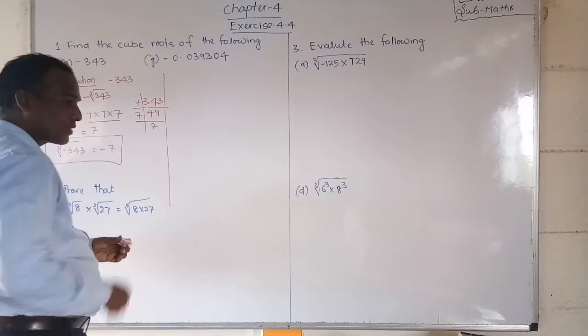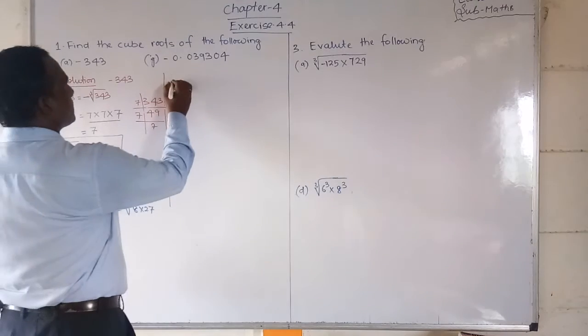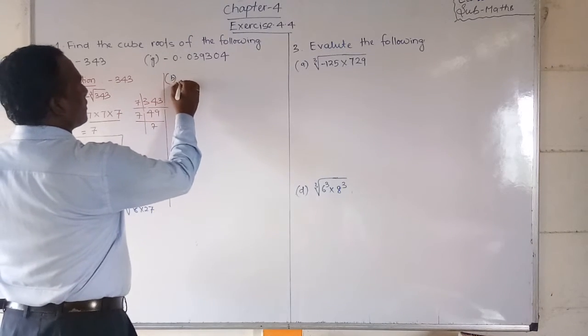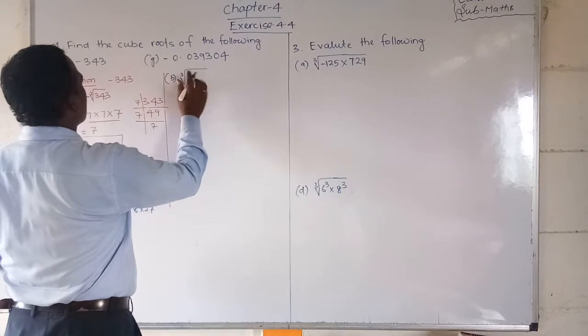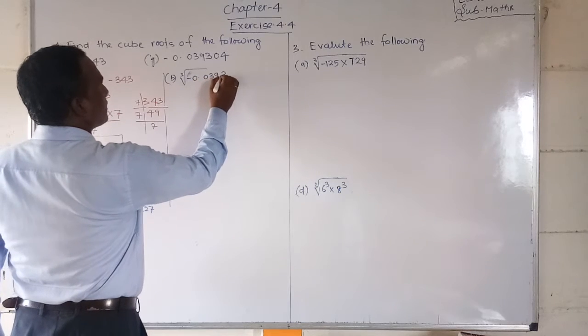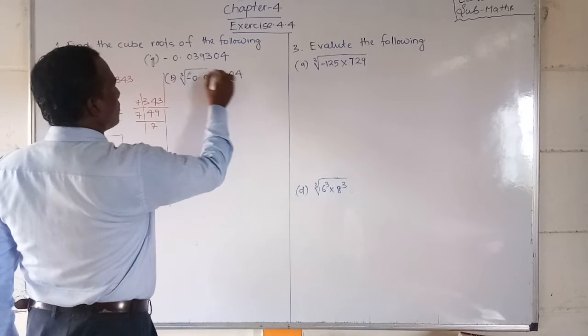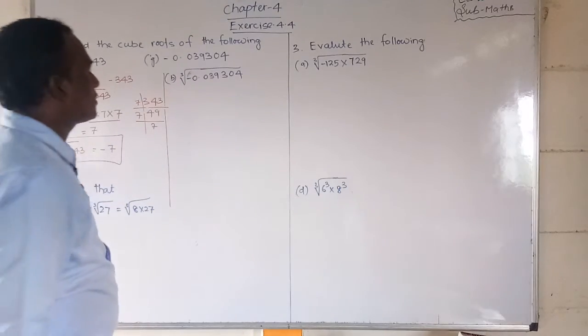Here is another problem: the cube root of minus 0.039304. Students, whenever it is a decimal number, you have to make it a fraction first.